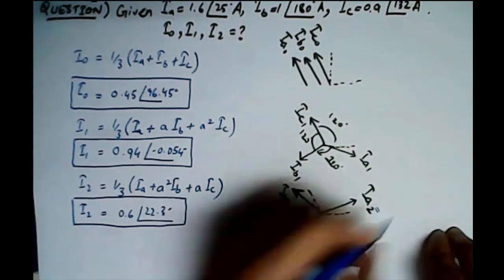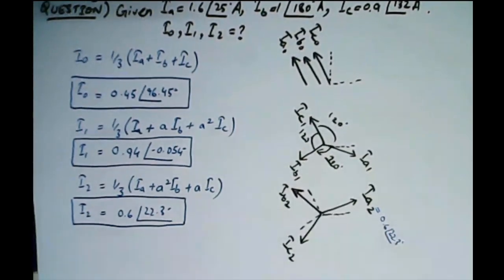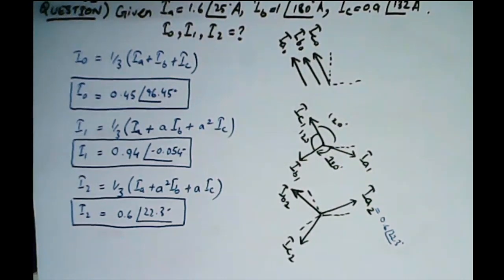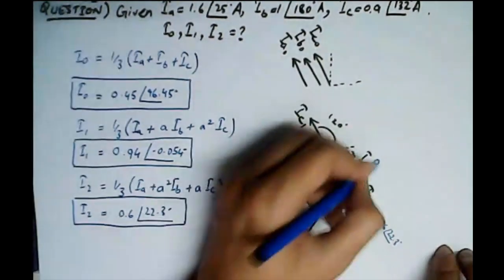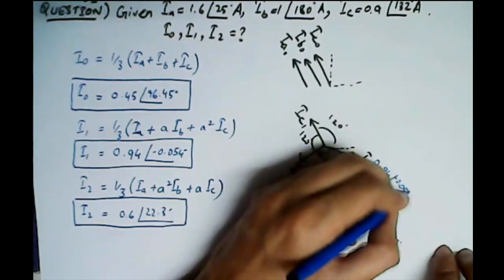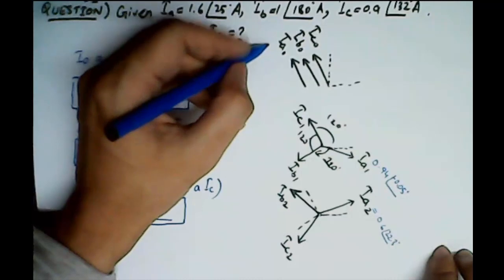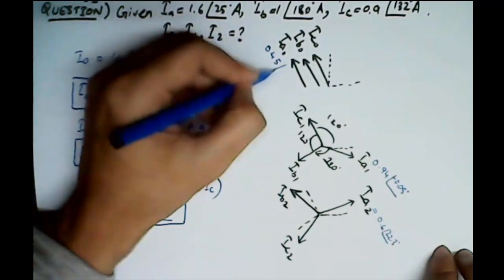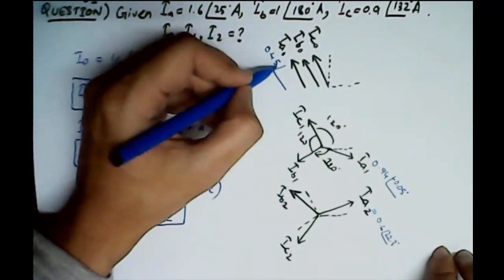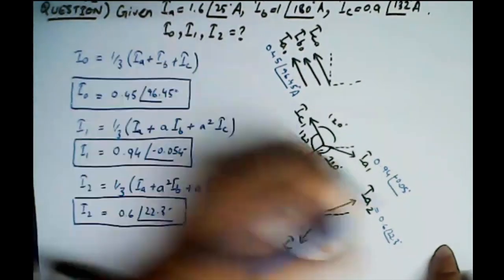Accordingly, I1 is 0.94 angle minus 0.05 degrees, and I0 is 0.45 angle 96.45 degrees ampere.